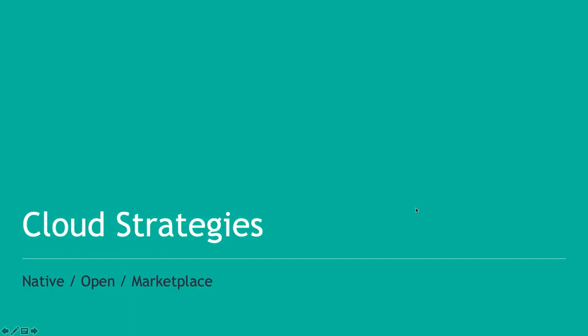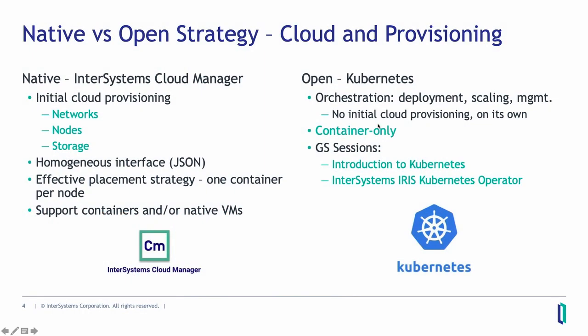As mentioned before, we have three different cloud strategies: native, open, and the marketplace. Let's quickly compare the difference between native and open for the time being. Native is where we initially launched our cloud strategy with the introduction of the InterSystems Cloud Manager, or ICM for short.